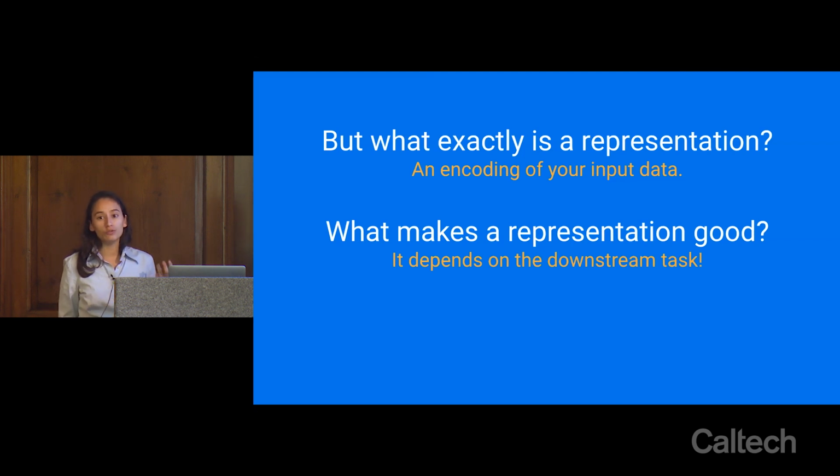So if what you desire out of your model is something that's going to be interpretable, then that is what you might prioritize over having good accuracy. But if you just care about how it classifies, I don't know, dogs versus cats, then you just care about how high you can get that accuracy. So a representation is only as good as what you want to do with it. And that's an important concept to keep in mind.